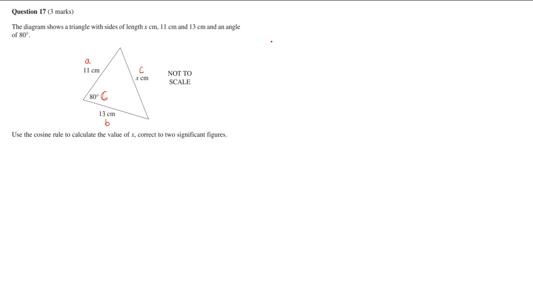So then what the cosine rule says is that in this case it would be c squared is equal to a squared plus b squared minus 2ab times cos C. So all you need to do now is plug in the values.